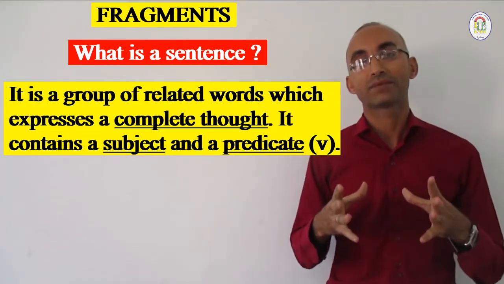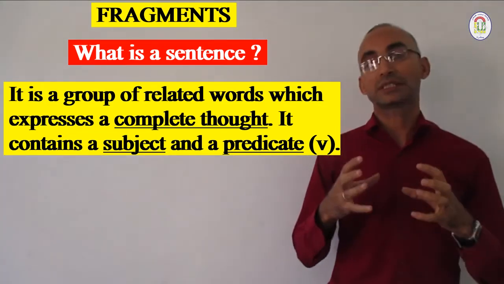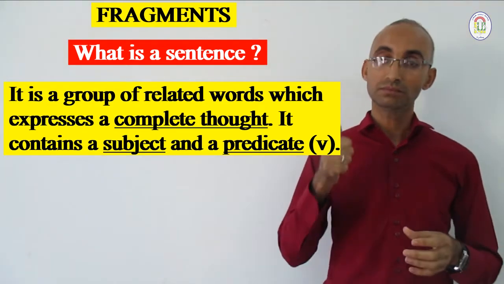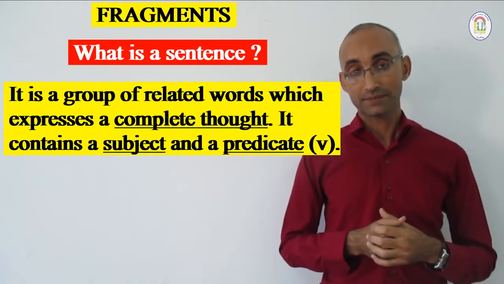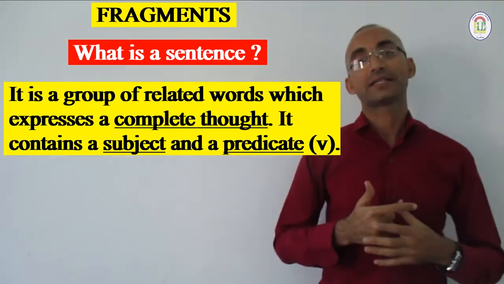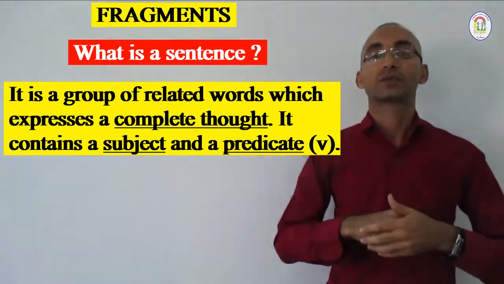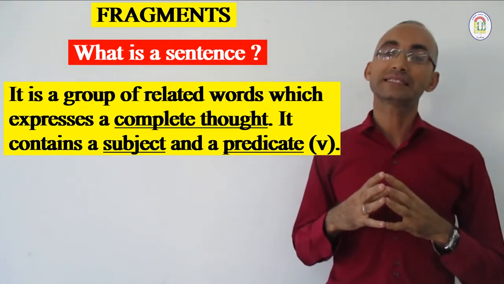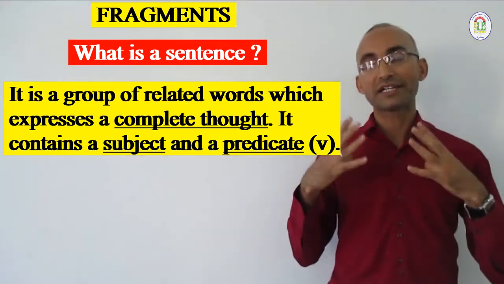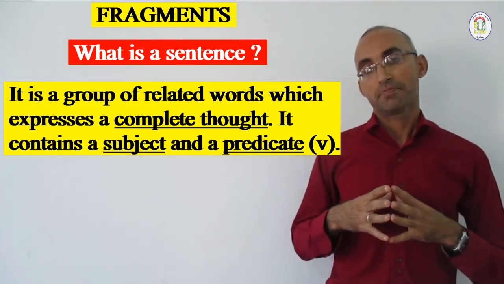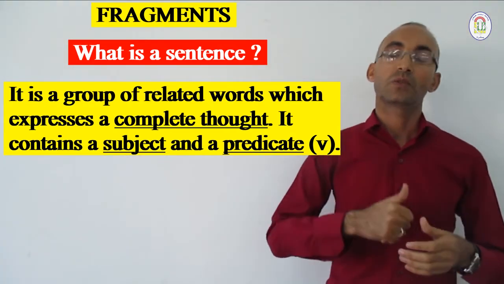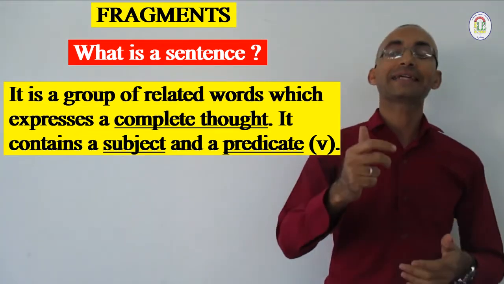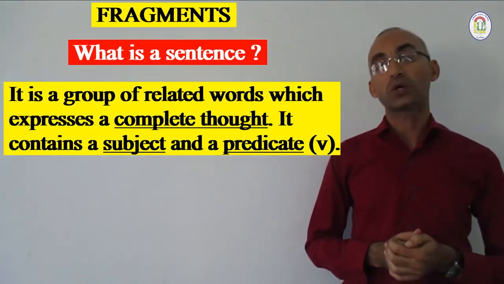Now, this group consists of two major parts, which are the subject and the predicate or the verb. So we can say the sentence in English is a group of related words which consists mainly of the subject and the predicate, and it expresses a complete idea or thought.